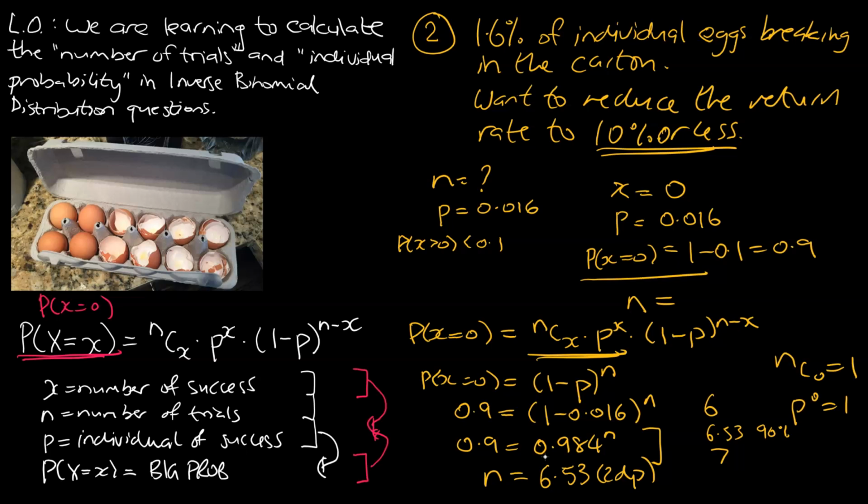However, if we have more eggs, the probability of something breaking will be higher, which means the return rate will go down. So that might go down to 88%. And if we have less eggs, that might go up. Because we need at least 90% correct, we can't round down in this case. So we do have to round up to 6 eggs.